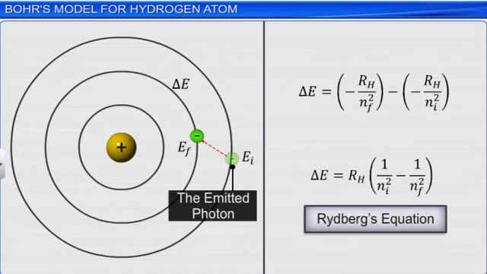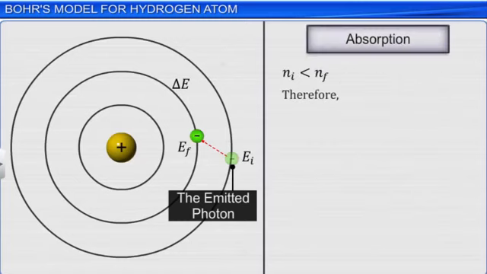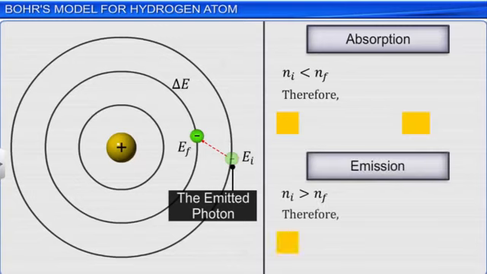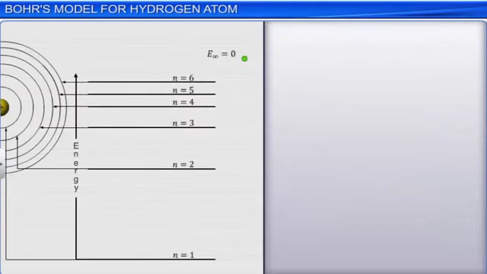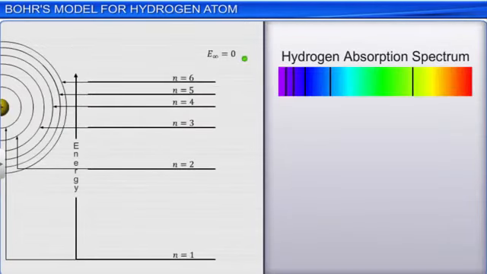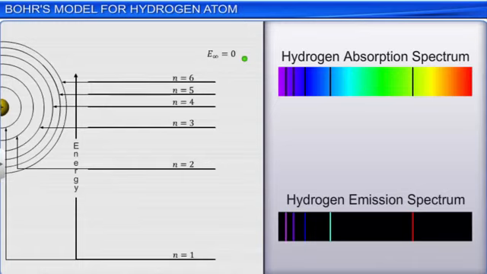Note that in case of absorption of energy, delta E is positive, and in case of emission, delta E is negative. Thus, each spectral line in an absorption or emission spectrum can be associated with a transition of states by the electron of a particular hydrogen atom.